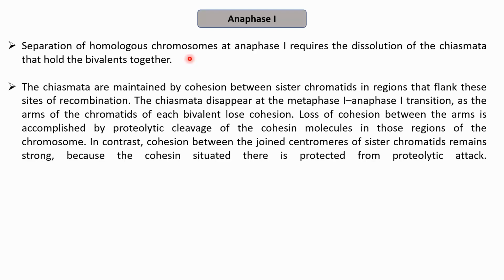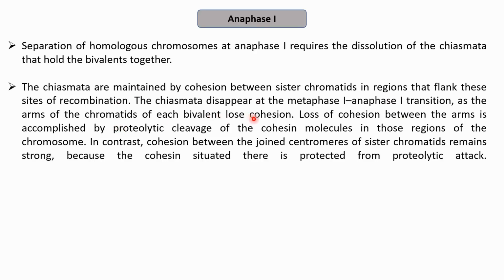The chiasmata are maintained by the protein cohesin between the sister chromatids in regions that flank the site of recombination. The chiasmata disappear at the metaphase 1 to anaphase 1 transition, and the arms of the chromatids of each bivalent lose cohesion.